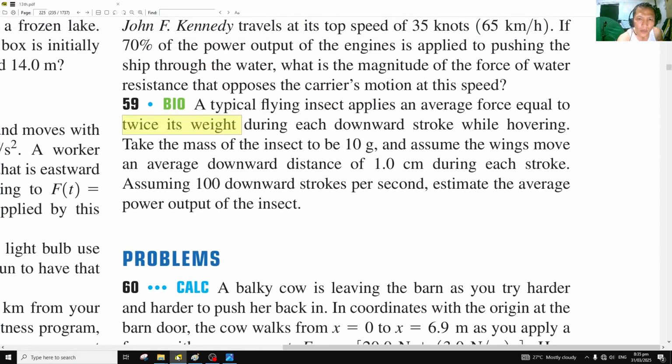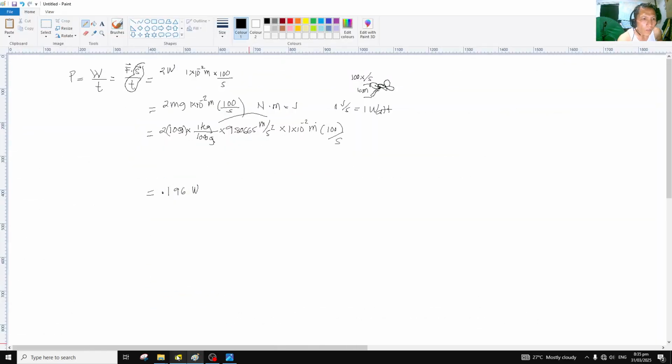Kaya wala akong mali dito. 10 g, 1 centimeter, twice its weight. Ito na yung twice its weight. So 2 times 10 g, 1,000 g is 1 kilogram. And then multiplied by 9.8, so mass and your 9.80665, and then 1 exponent negative 2.